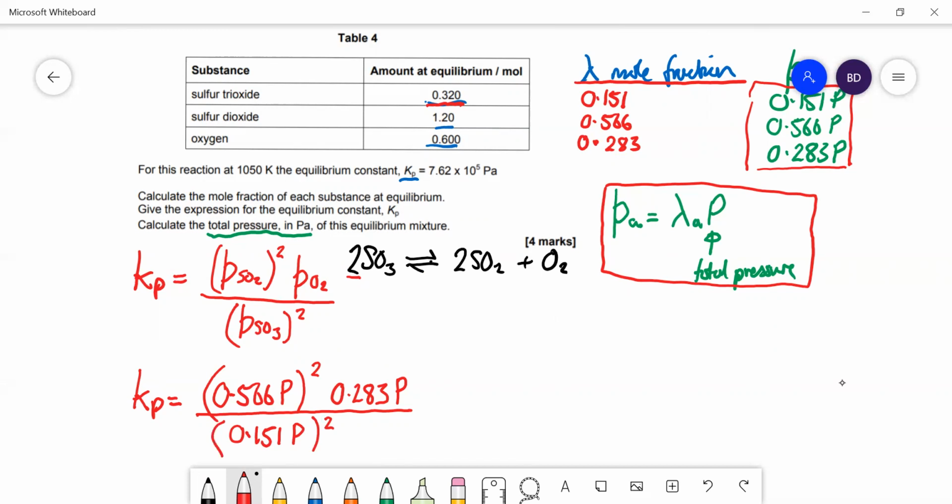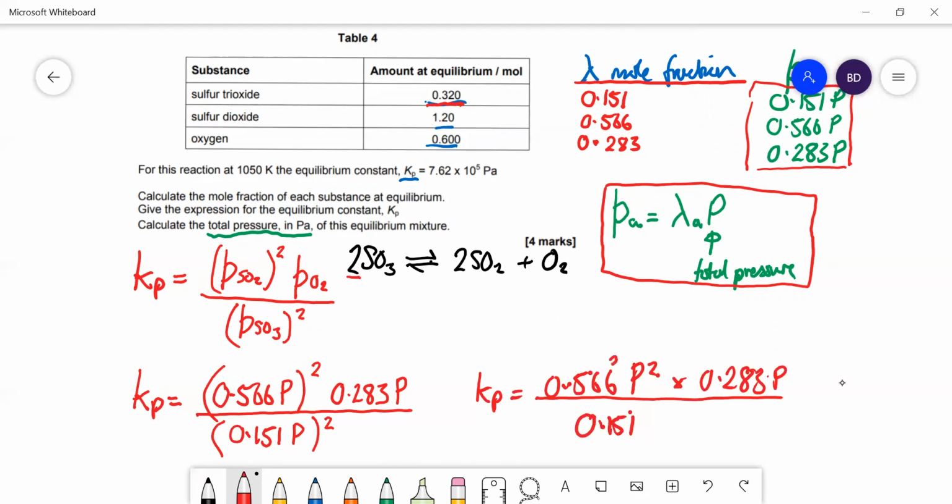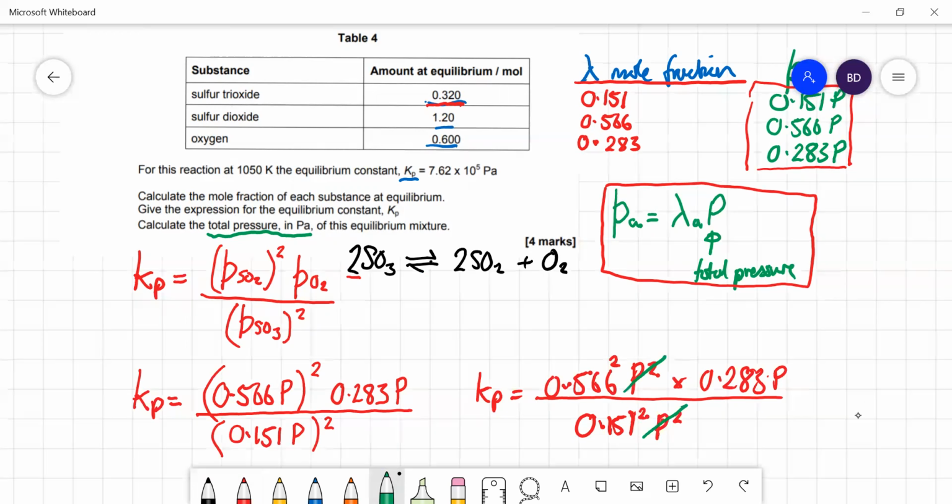Now let's multiply that out, so we get Kp is equal to 0.566 big P squared times 0.283 P divided by 0.151, sorry, that should be a squared there, squared big P squared. Right, we can do some cancelling out here. We can cancel out that P squared and that P squared, which makes life a lot easier.